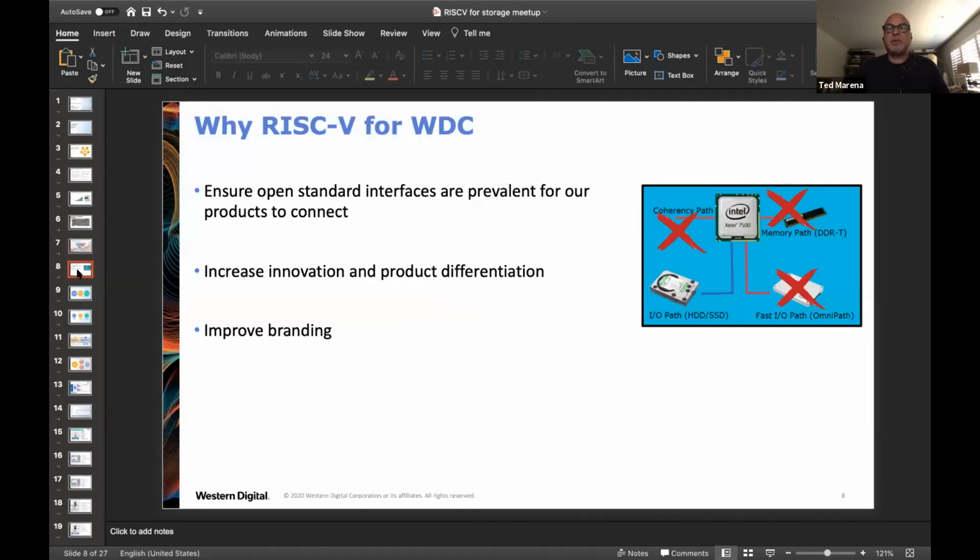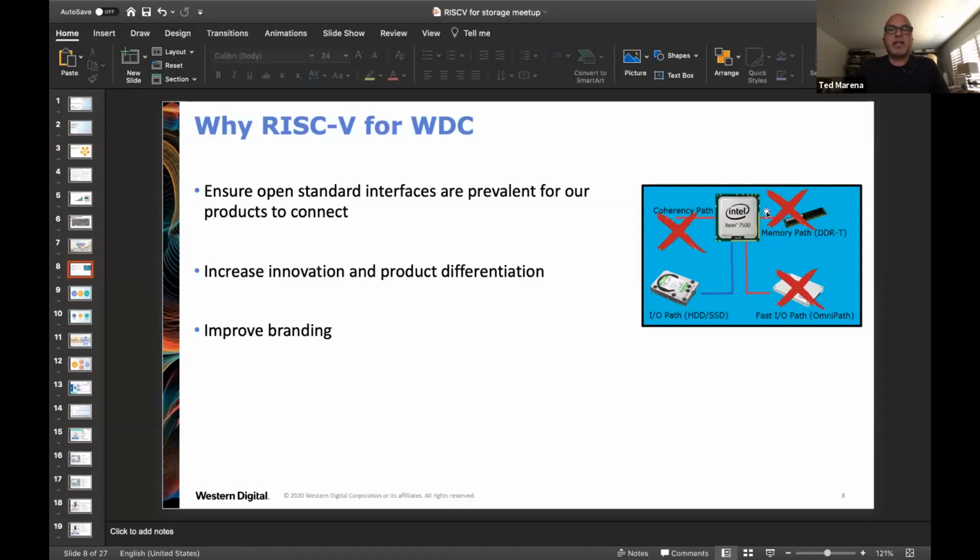So when people ask me why RISC-V for Western Digital, there's really 3 points that I like to say. One is, it's actually a long-term bet for us to make sure that open standard interfaces continue to exist. And you can just see from this picture here, Intel had a dedicated proprietary path for their persistent memory called DDRT. And even though they've been talking about removing this, it's still on their architectures.